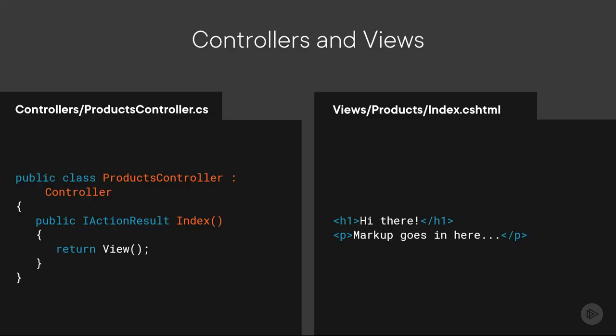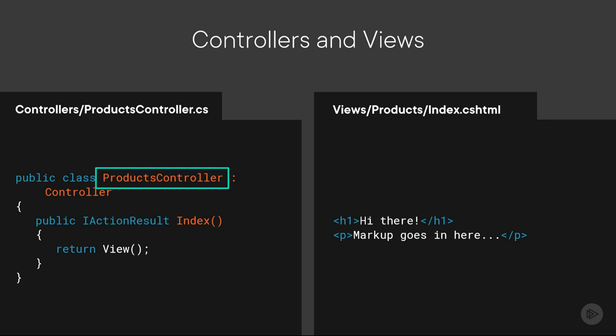Here's a quick slide to clarify the simplest relationship between controllers and views and the conventions used by ASP.NET Core. Controllers are C# classes with a name of something and controller. So this controller is Products Controller. It's the controller for products.